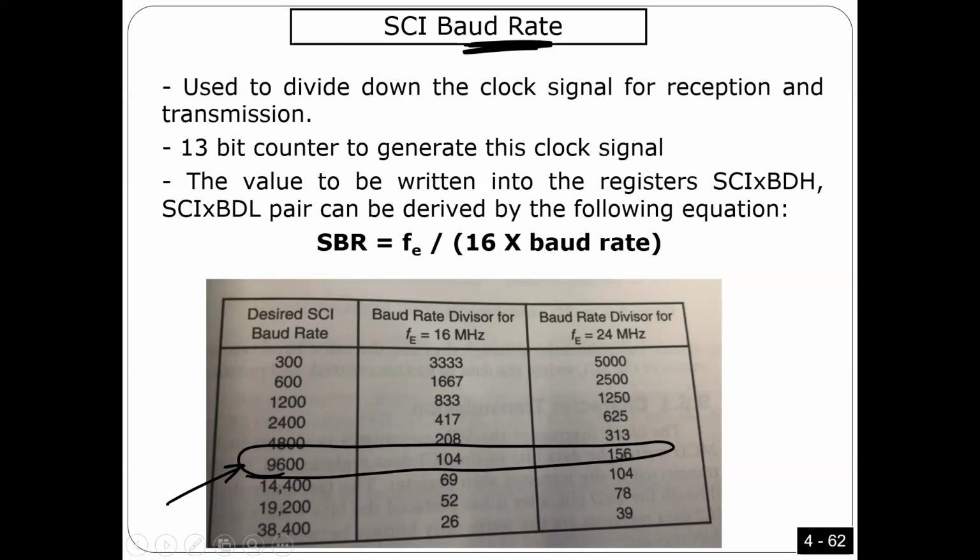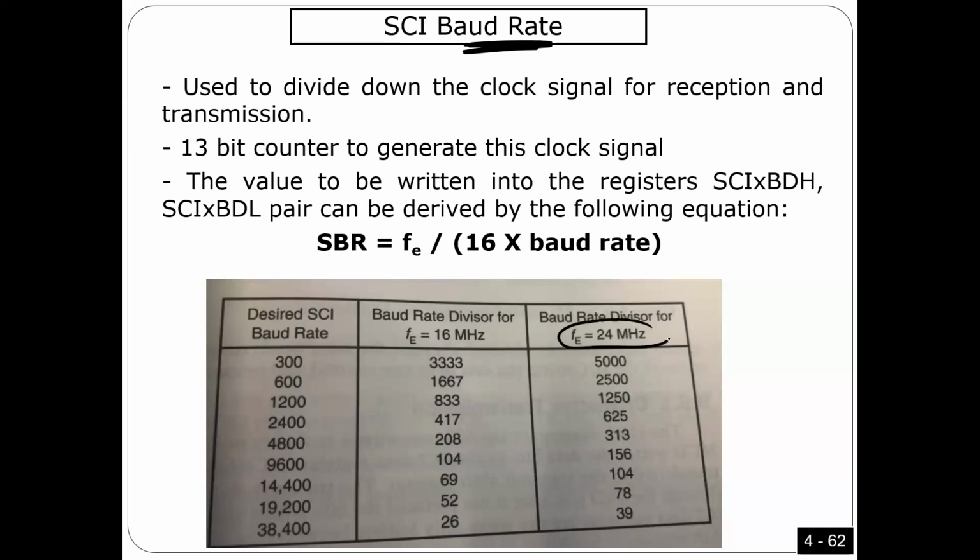Anyway, now the question is, how can I program for any of these speeds? Very simple. The idea is, number one, based on the clock you have. In our case, we use 24 megahertz. This is the clock we use from the beginning of this course. Internally inside the SCI, we have 24 megahertz.